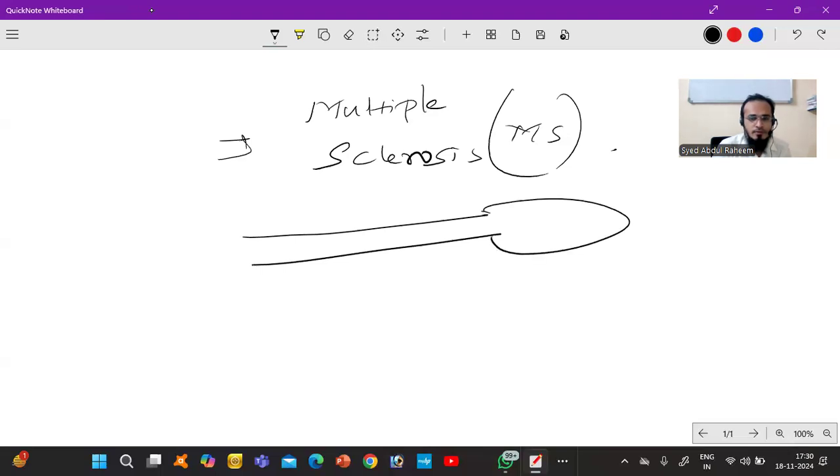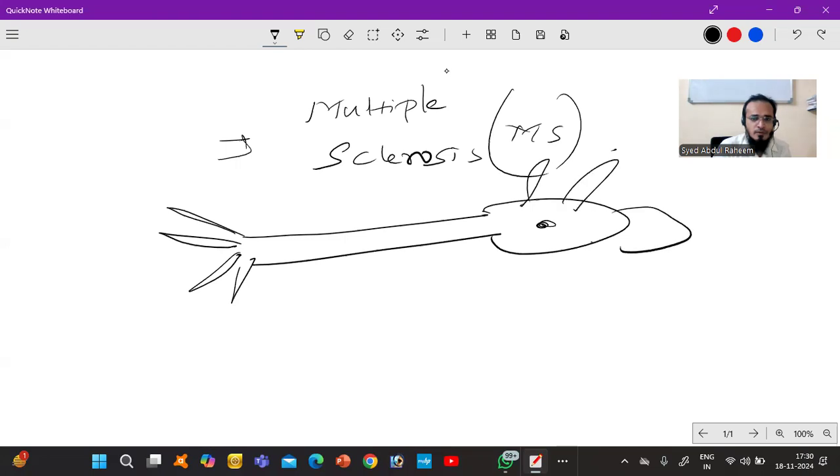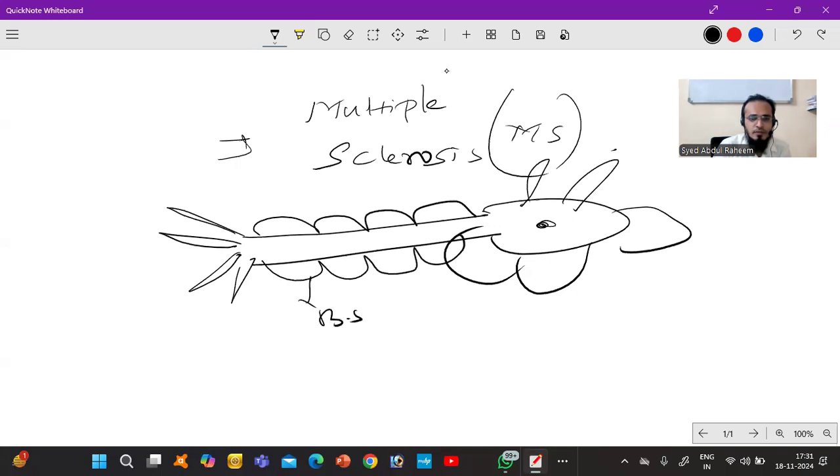The covering of the neuron is the myelin sheath. Okay, myelin sheath. Basically, in the neurons, every part has a different function.